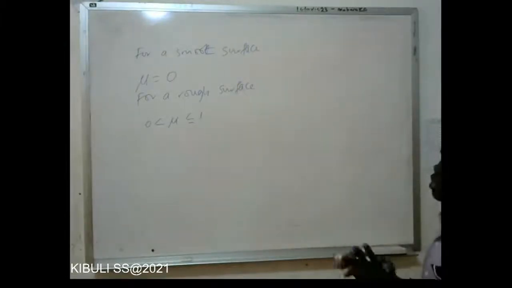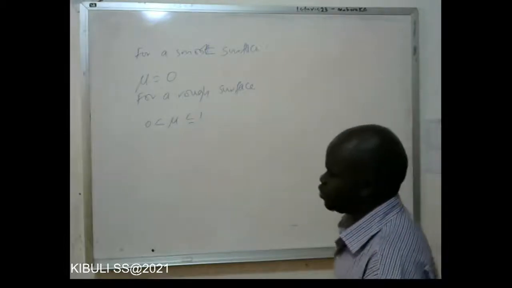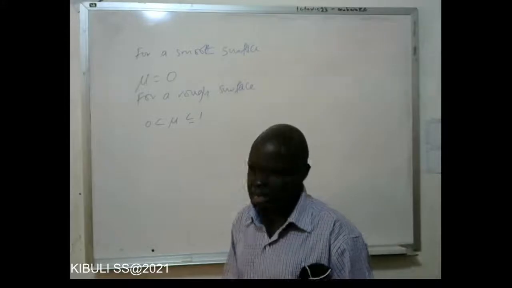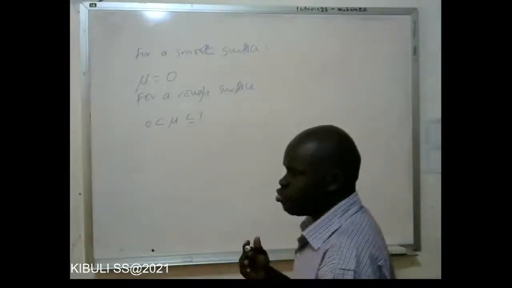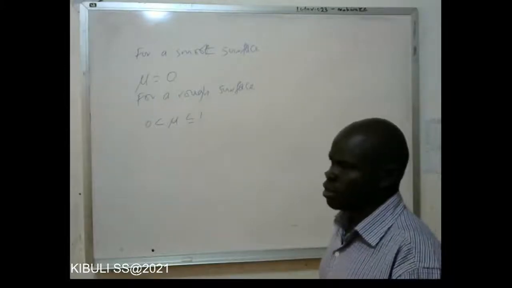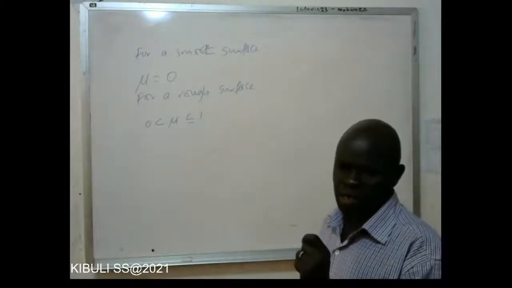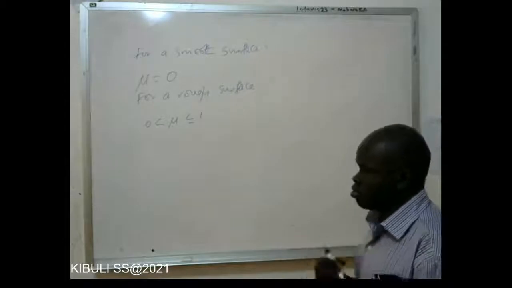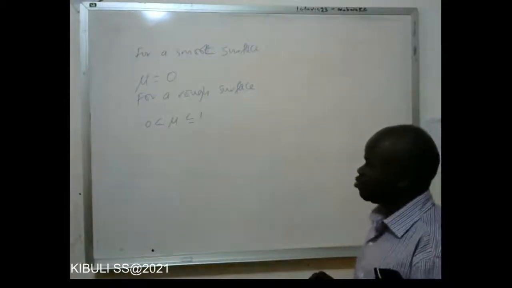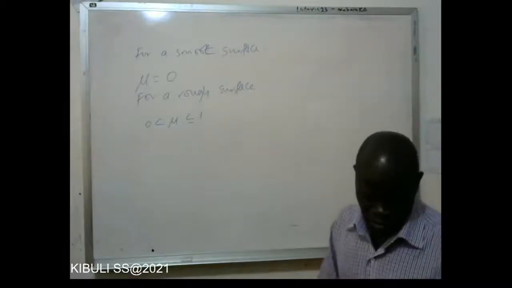So for a rough surface, the coefficient of friction is from 0 to 1. Now when the body is moving across the surface, the coefficient of friction is taken to be maximum, and it corresponds to the maximum frictional force.